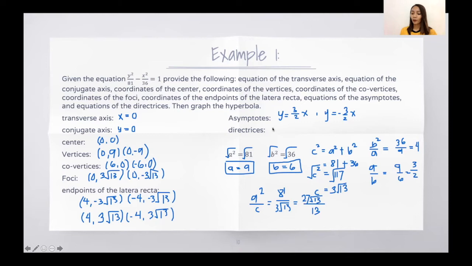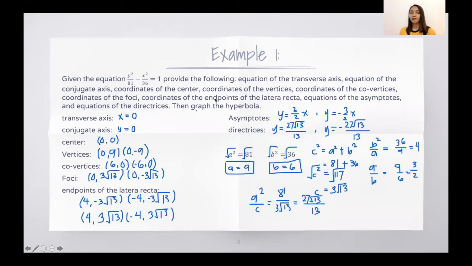Okay, so we have y is equal to a squared all over c, which is 27 the square root of 13 over 13. And, syempre, dalawa yung directrices natin. So, y is equal to negative 27 the square root of 13 over 13. So, we already found the coordinates of the hyperbola.